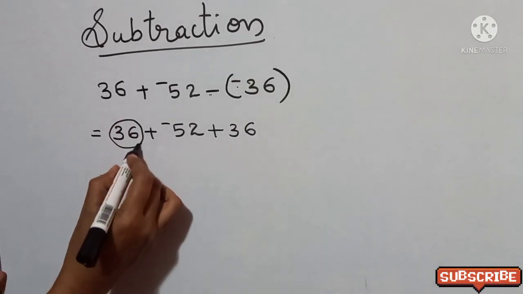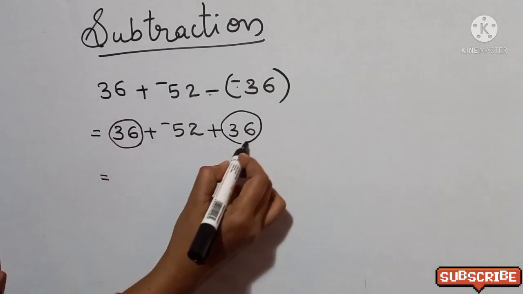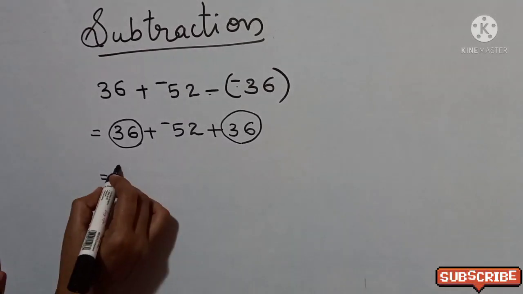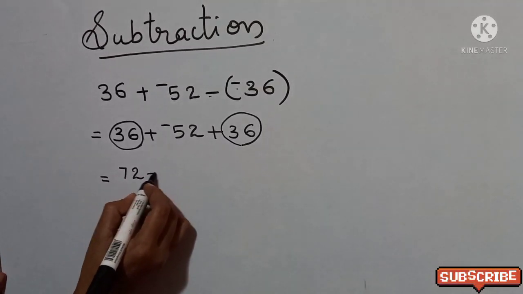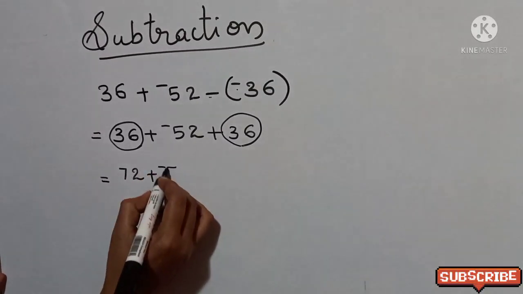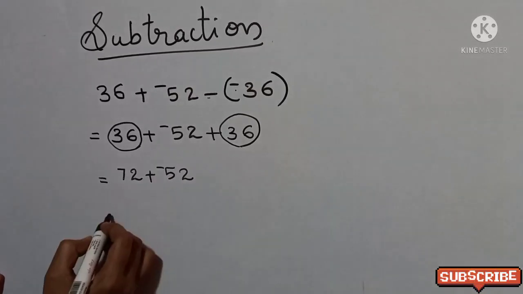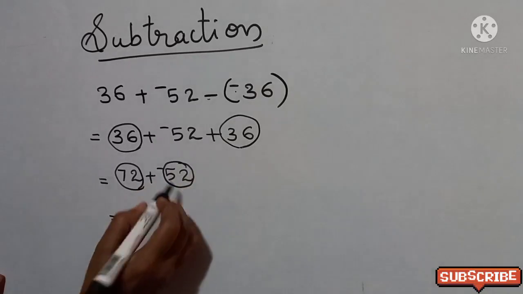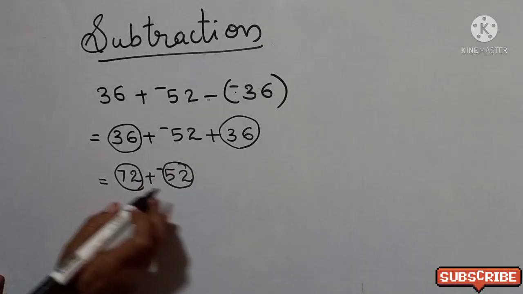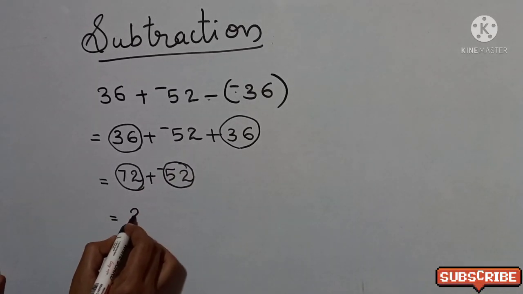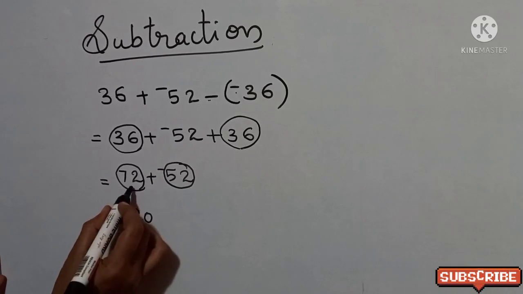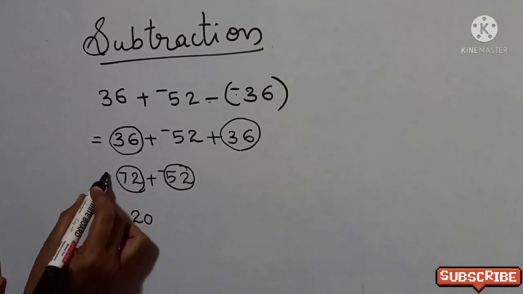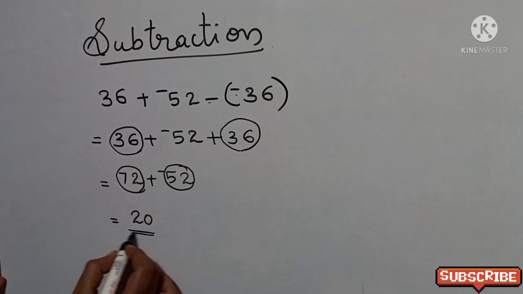Then add 36 and 36, it is 72. Then plus minus 52. One is positive and another one is negative, so find the difference between them. 72 minus 52 is equal to 20. And 72 is larger among these two with a positive sign. So it is plus 20.